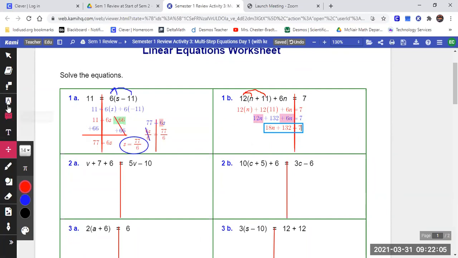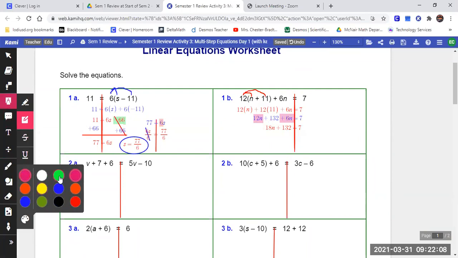So we need to big zero what thing? Which one of our numbers has to big zero out of there because there's addition and subtraction for it? Which one of our three numbers, 18n, 132, or 7, do we need to big zero out of there?